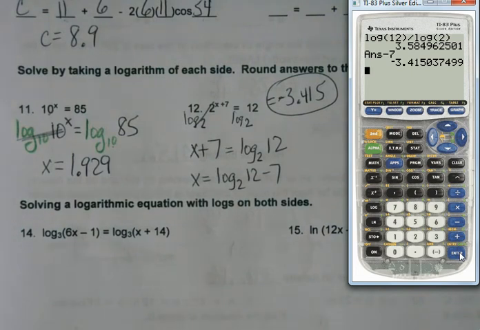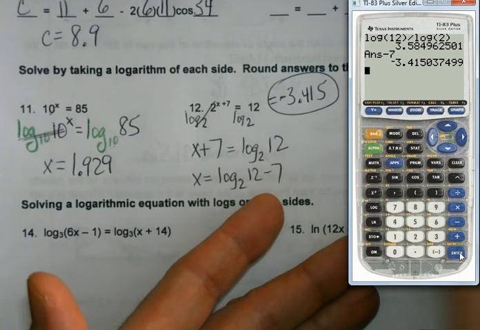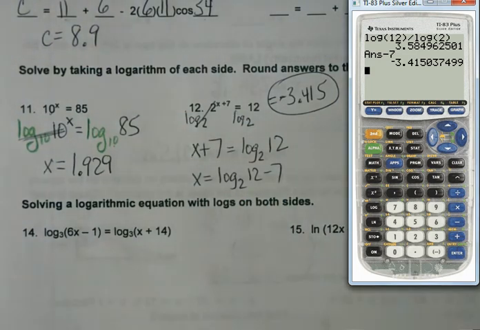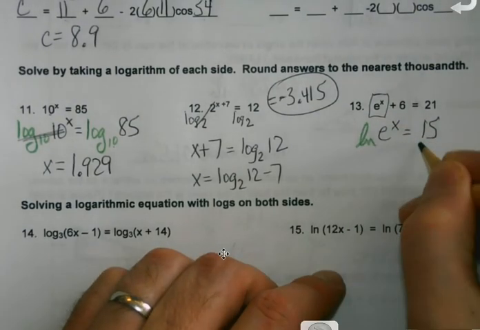So 13, it's the same idea. I want to isolate, I want to get to my x. So I'm going to minus the 6 first. Oh, calculator in the way. Okay, there we go. What's my inverse of e? Natural log. So natural log.